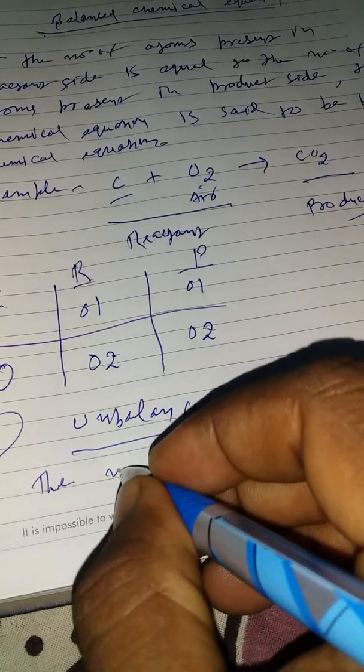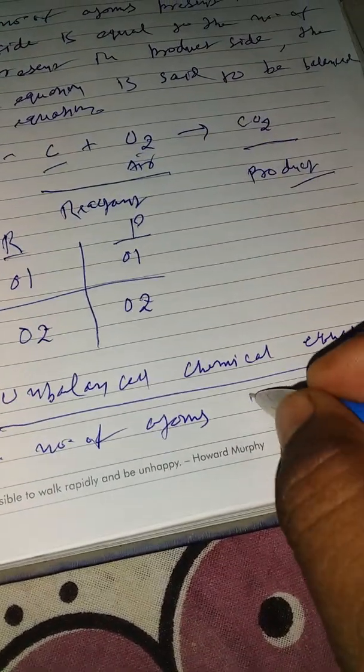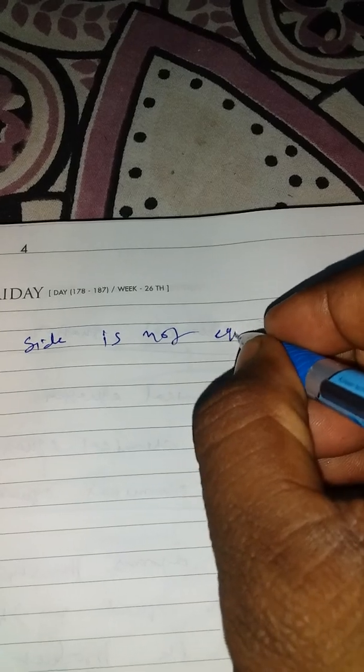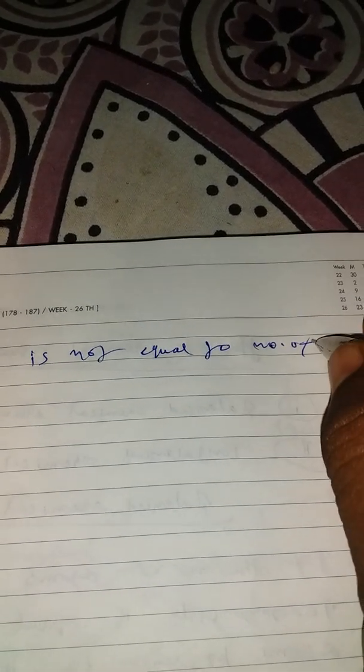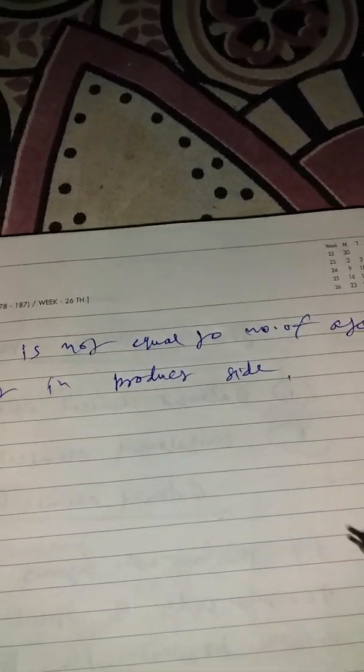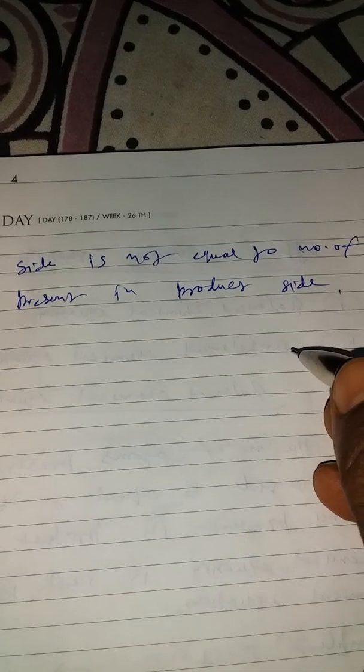In an unbalanced chemical equation, the number of atoms present in the reactant side is not equal to the number of atoms present in the product side, and that's why such a type of chemical equation is said to be an unbalanced chemical equation.